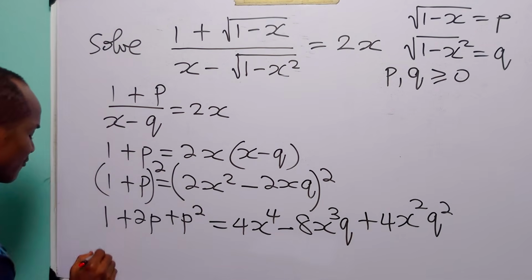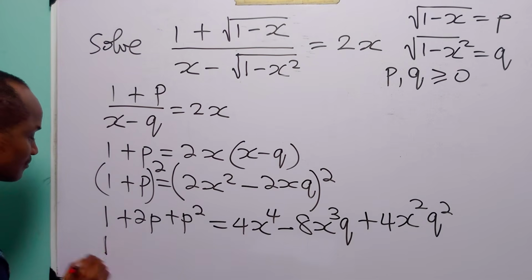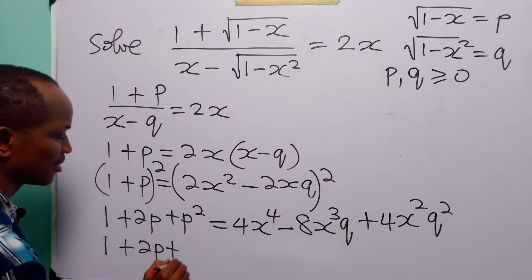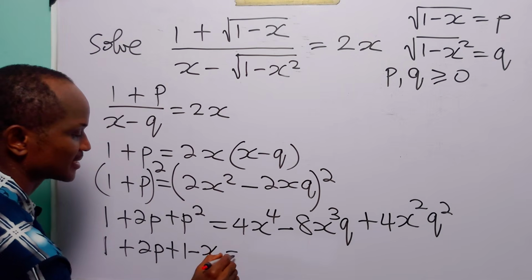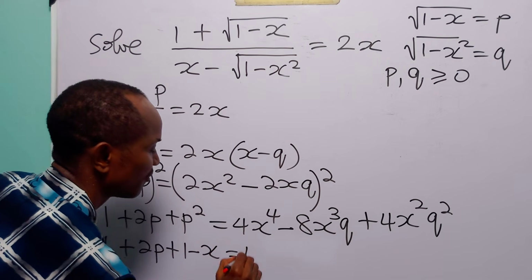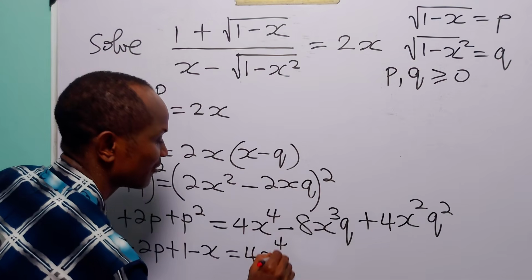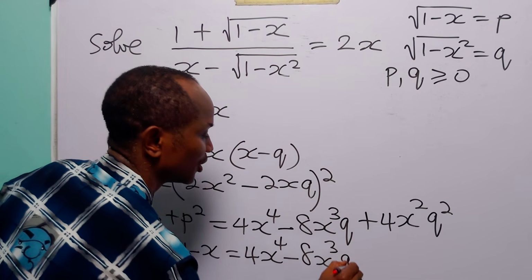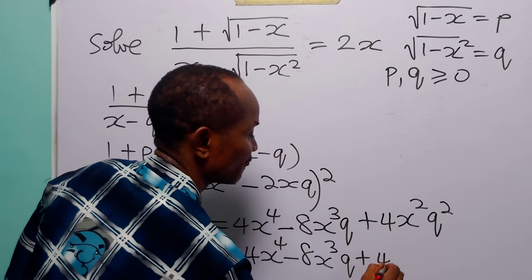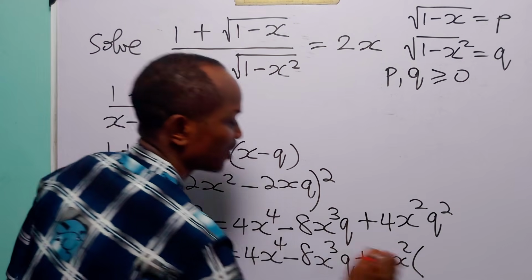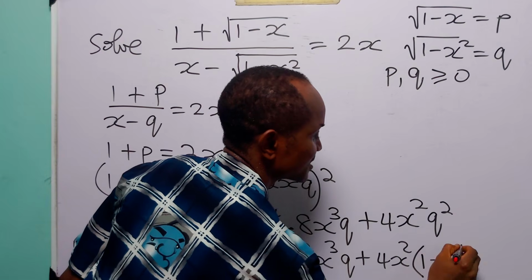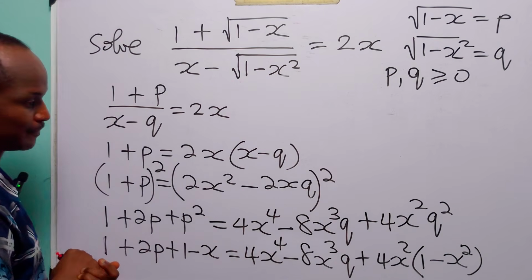When we do that, we have 1 plus 2p plus 1 minus x, and this is equal to 4x to the power 4 minus 8x cubed q plus 4x squared multiplied by 1 minus x squared.